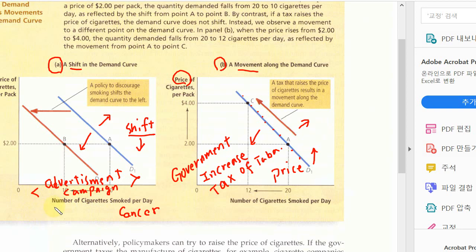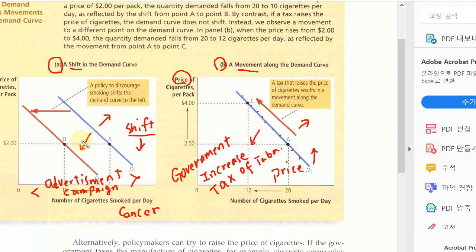If you have more tobacco, you will have more possibility of cancer. This is a sort of campaign and advertisement. Then regardless of the price of tobacco or cigarettes, consumers will reduce their tobacco use. So this is the cause of a shifting demand curve.